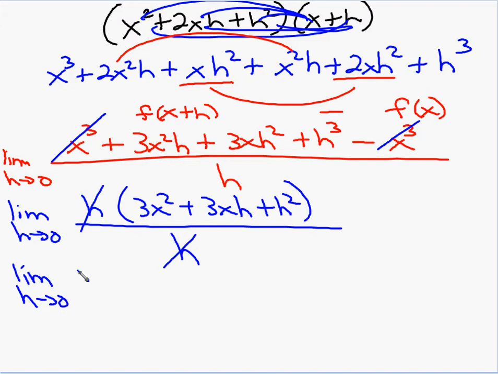I have 3x squared plus 3xh plus h squared. Now I just have a straight polynomial, so I can go straight to substitution.